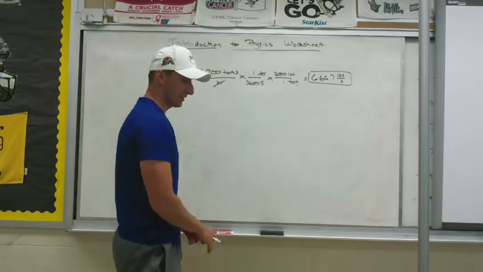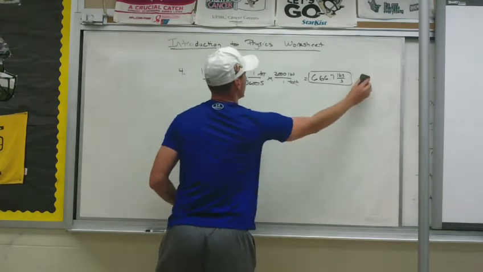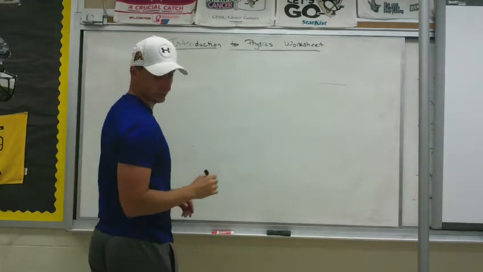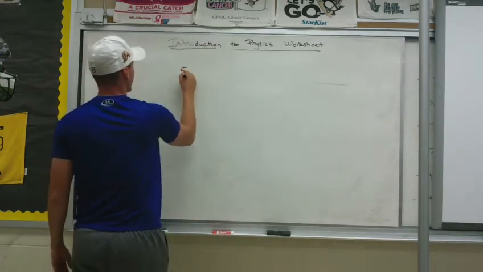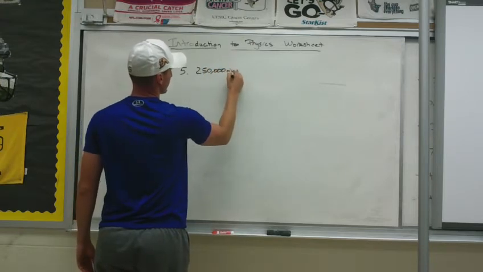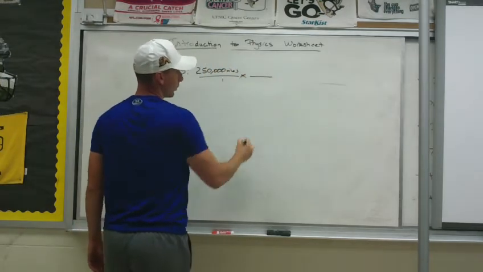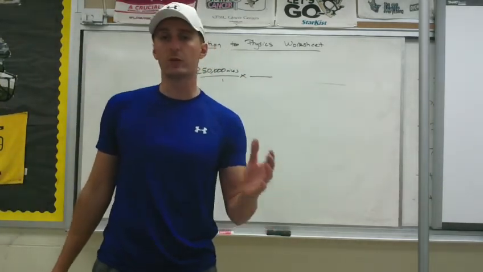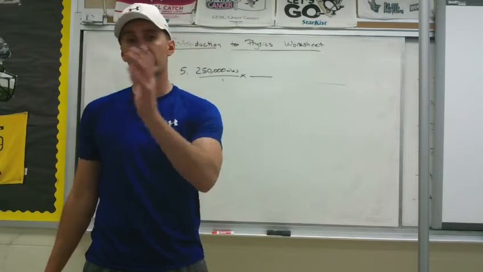So we have 250,000 miles. We want to get to feet because the conversion factor we have is 6 feet equal 1 fathom. So if we can get the feet, we can get the fathoms.